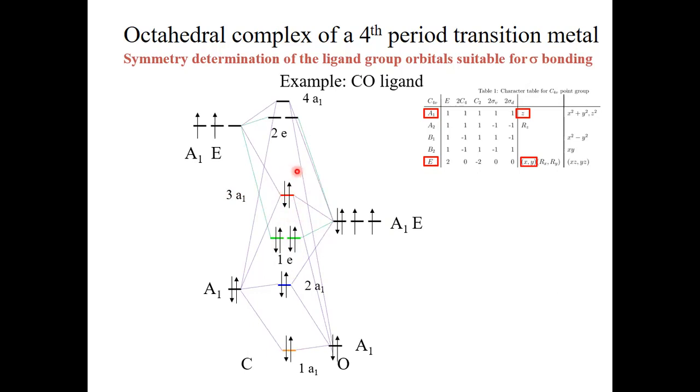You see that this 3A1 orbital is now your highest occupied molecular orbital that it can use for sigma bonding. All right, then let's stop at this point and we can continue.